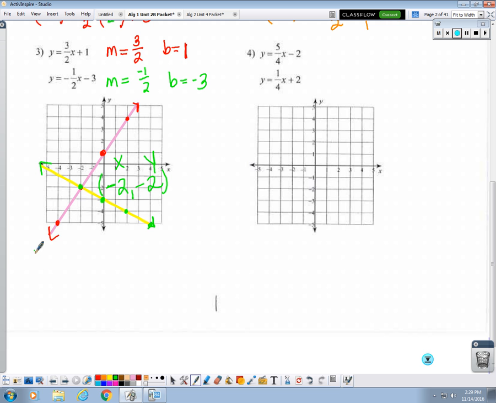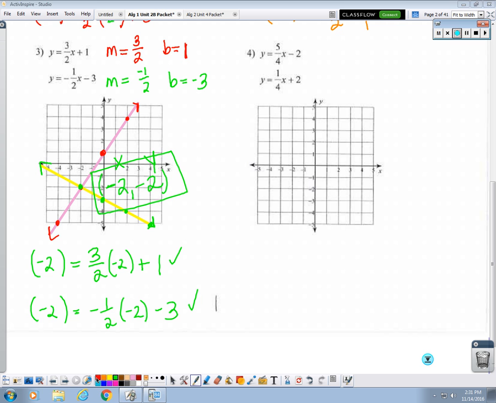So when we rewrite y equals 3/2x plus 1, and y equals -1/2x minus 3, aren't we going to plug a -2 in all of those blanks? Because the -2 was x and y. Now I want you to take your calculator or do it by hand the way I showed you and check to make sure when you type in each one of those, the calculator says they equal -2.